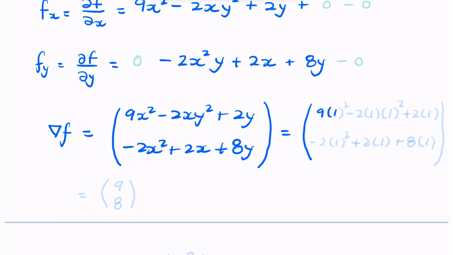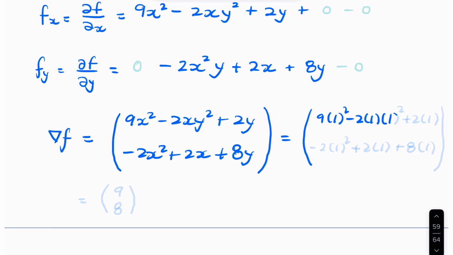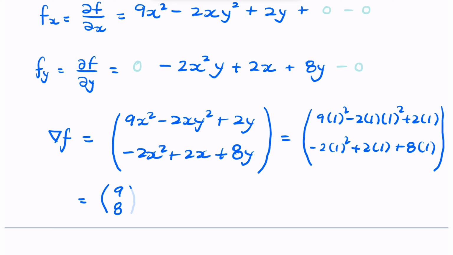So you've got 9 times 1 squared minus 2 times 1 squared plus 2 times 1 for the i, and for the j, you've got minus 2 times 1 squared plus 2 times 1 plus 8 times 1. And that will give you 9 and 8. So that's your gradient function.